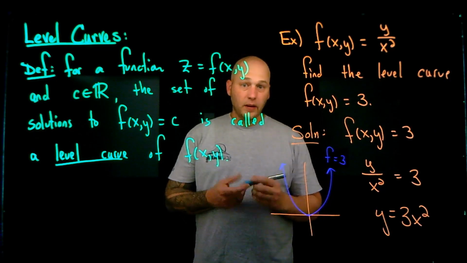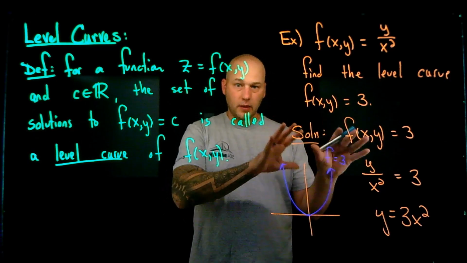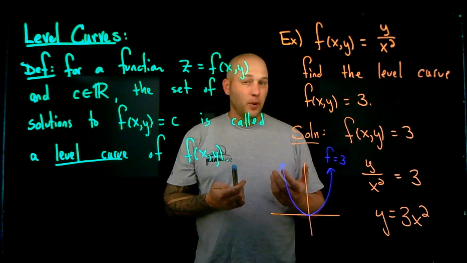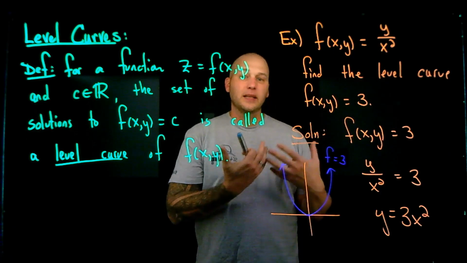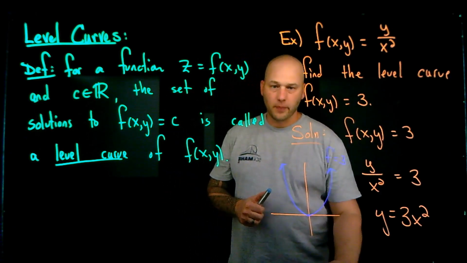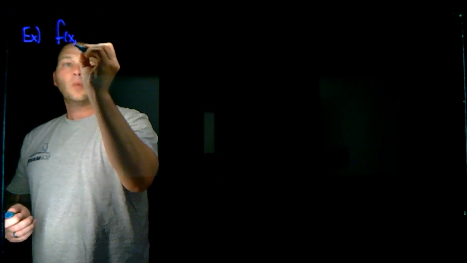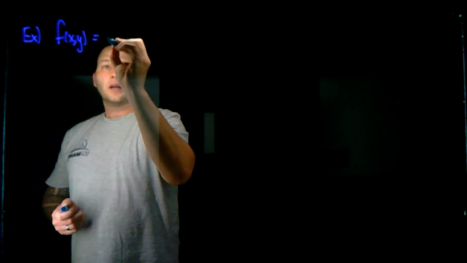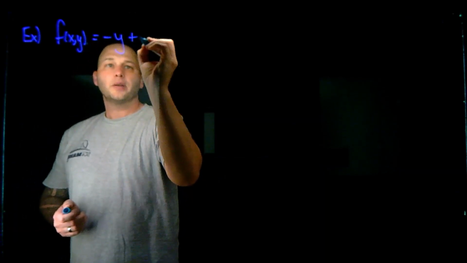Now, I haven't even really described how these are part of the graph, or how they're not part of the graph, but how they help me as an aid to graphing the function. So let's go ahead and take a look at that in the next example. Let's consider the following. F of x, y is equal to, let's do negative y plus 4.